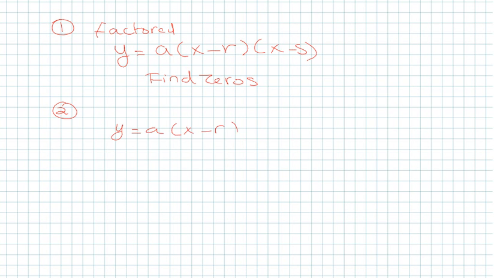What do we call this form? Vertex. What can I find from the vertex form? It's (h, k). I just want to clean up the numbers.